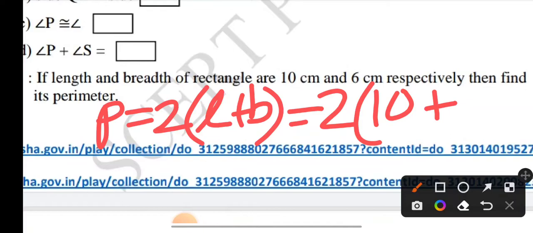By putting the values of L and B, we get the perimeter: 2 into 16.